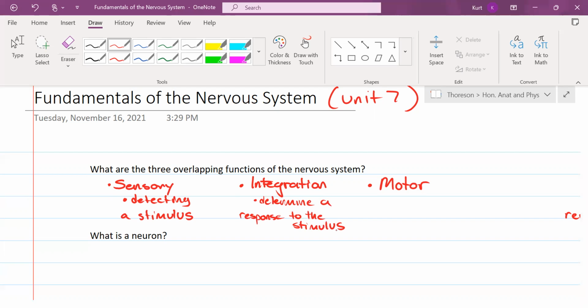You determine a response to the stimulus. All right, and then motor is you respond to the stimulus.